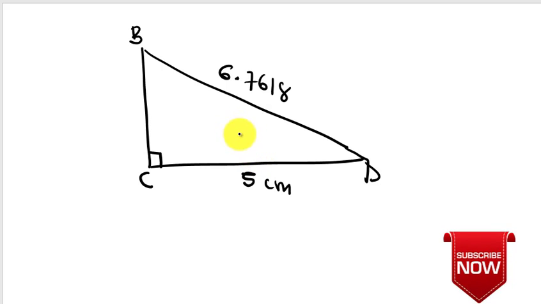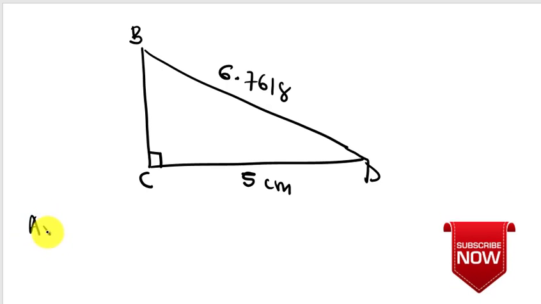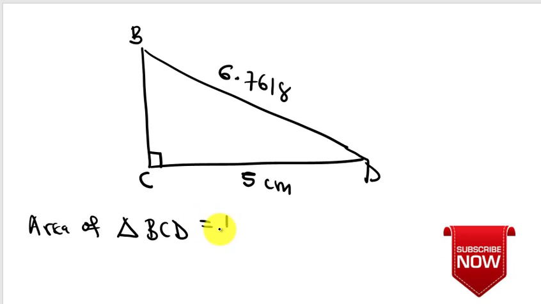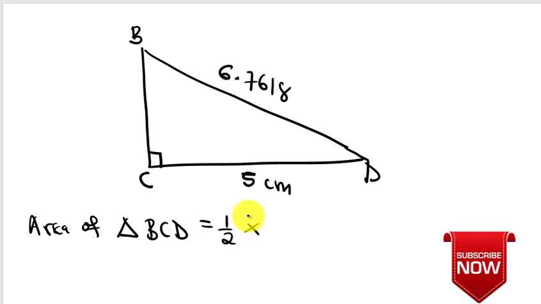Now the question wants us to find the area of this triangle, but don't forget that the area of this triangle BCD is equal to half times the base times the perpendicular height.